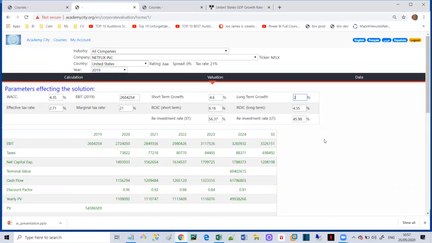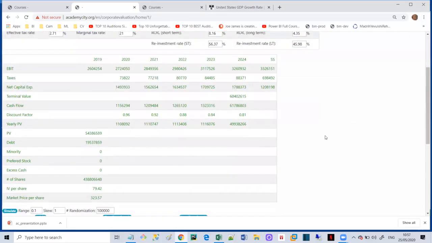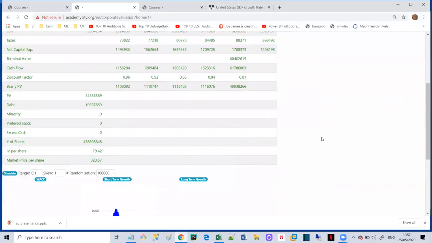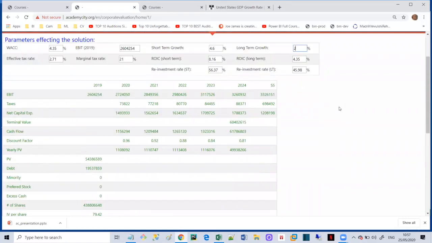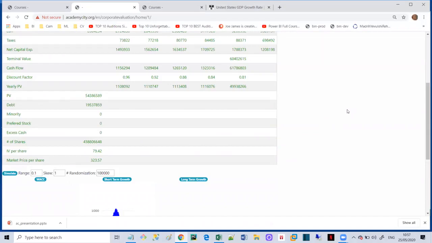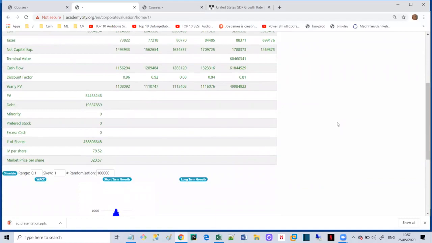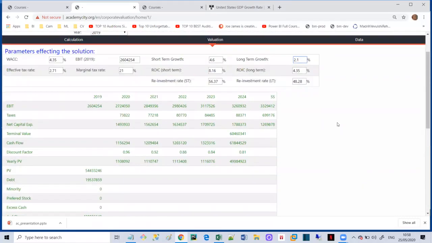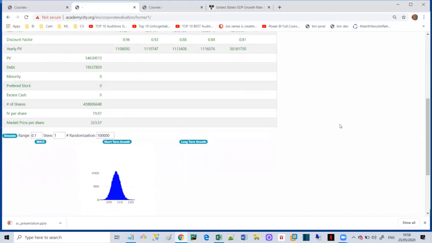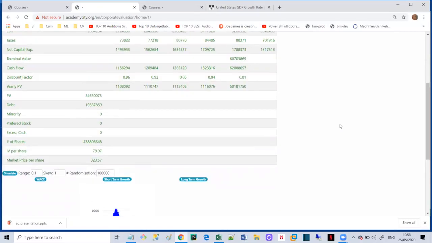Whatever you do, you want to substantiate. 2% will not be too bad, and I will show you again something we did before. Based on those numbers, the valuation now is 79. If I change that to 2.1, it will have an effect, but is it substantial? I didn't change it too much. If I move that to 2.5, not too bad, not too substantial.